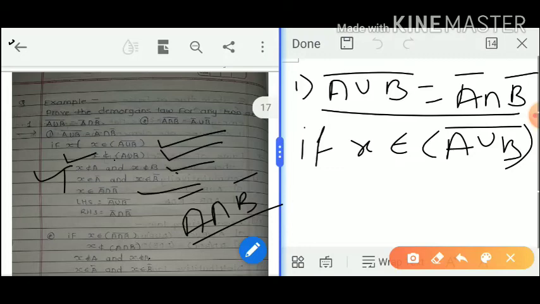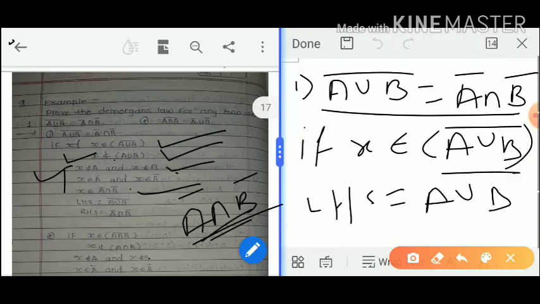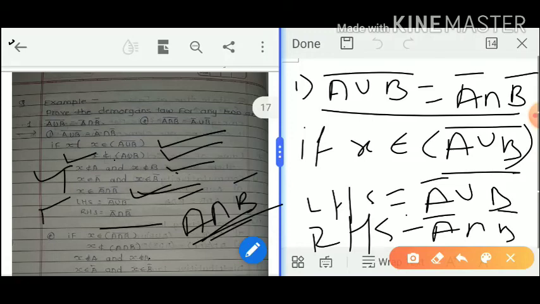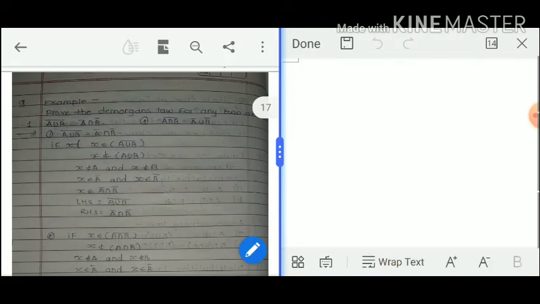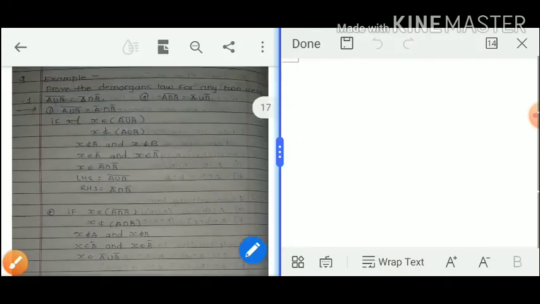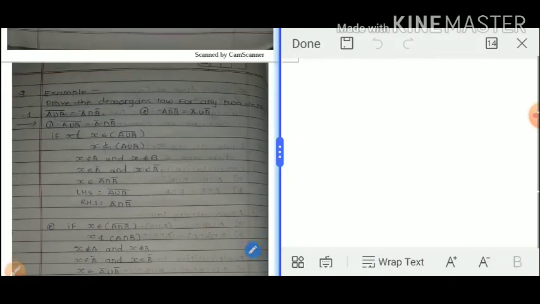That means X belongs to A complement intersection B complement, where 'and' means intersection. So LHS equals A union B complement, and the final answer RHS equals A complement intersection B complement. So both are proved.